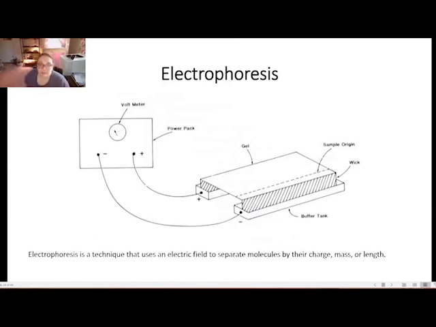The final position of the molecules can be determined by using dyes or radioactive probes. And the final position is telling you what the genetic differences are. There are a lot of different ways that you can measure the genetic differences, and a lot of different variations to electrophoresis, but this is the general idea behind it.